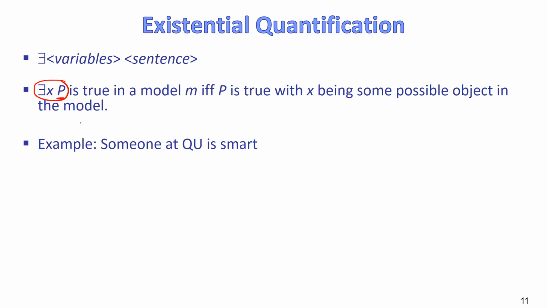Example: someone at QU is smart. Now you might think that we should do it that way: there exists x, at(x, QU) implies smart(x).